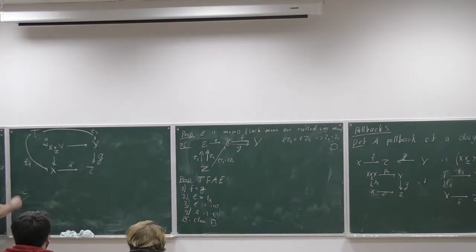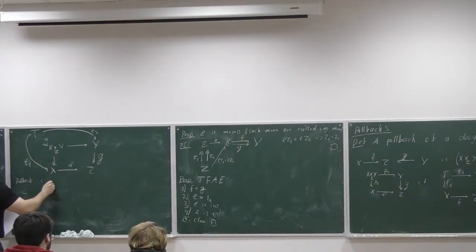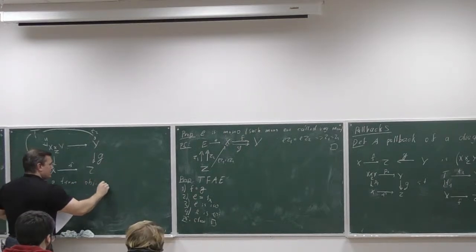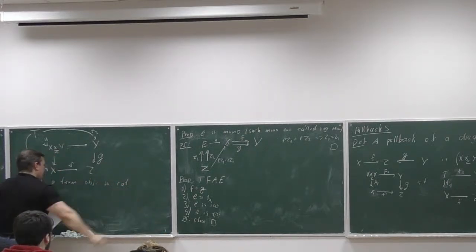Okay, so a pullback is a terminal object in some category.